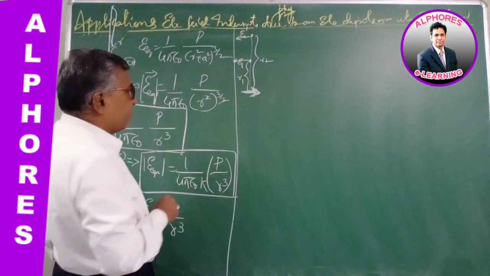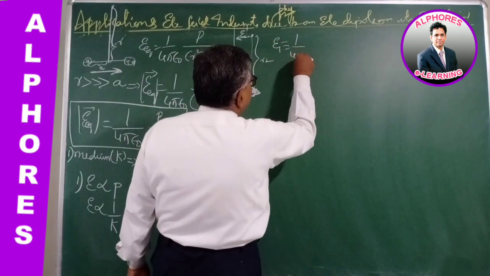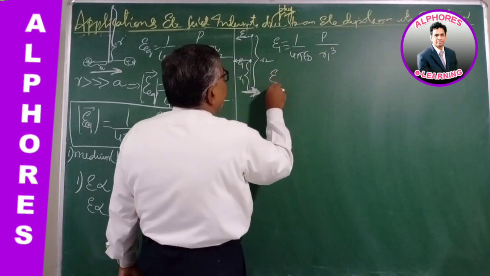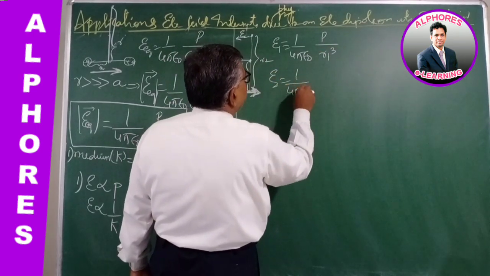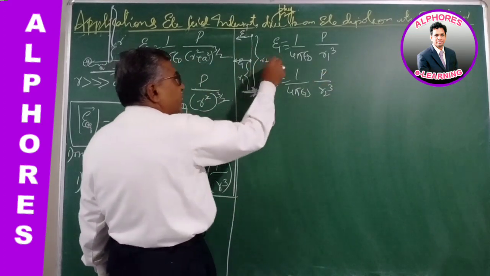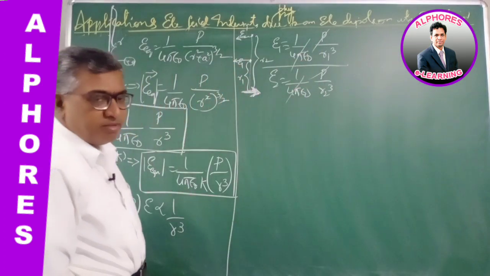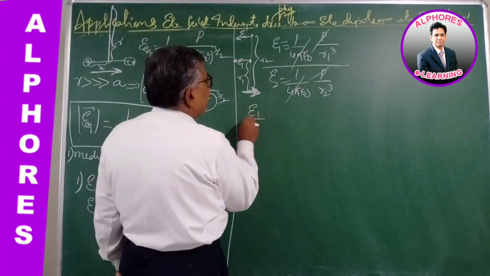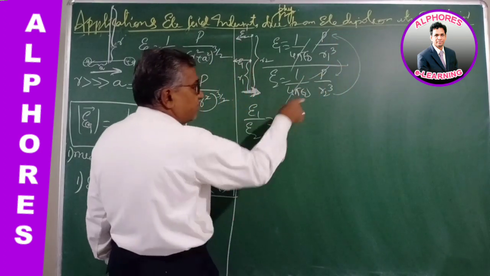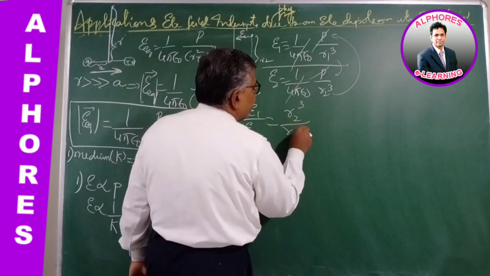Then comparing E1 and E2 for the same dipole: E1 is 1 by 4 pi epsilon naught, p by r1 cube. E2 is 1 by 4 pi epsilon naught, p by r2 cube. For the same dipole, p is the same, in the same medium. Therefore E1 by E2 is equal to, the denominator of the denominator goes to the numerator, so it's r2 cube by r1 cube.